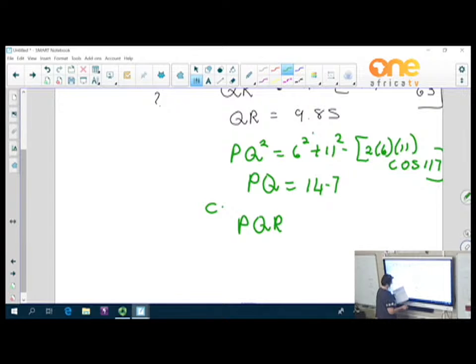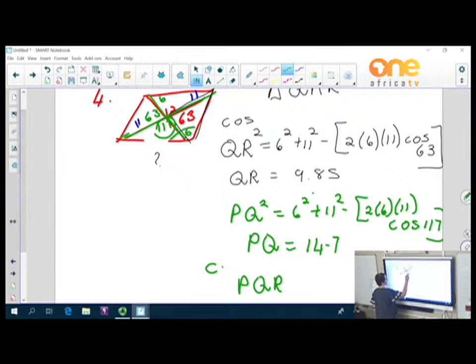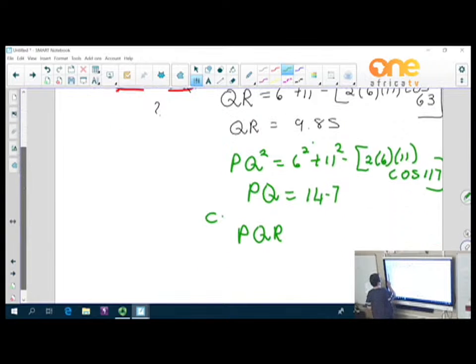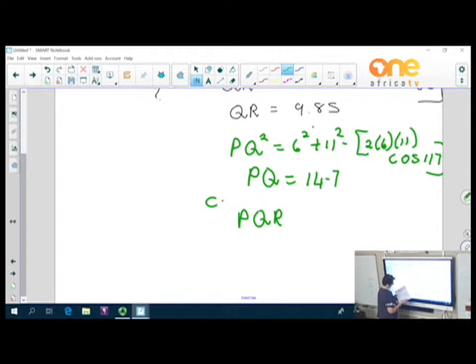PQR in that parallelogram. So this is this angle that we want to calculate now there. I will use the cosine rule now to get that one, because I've got the three sides now. So cosine Q is then equal to PQR.